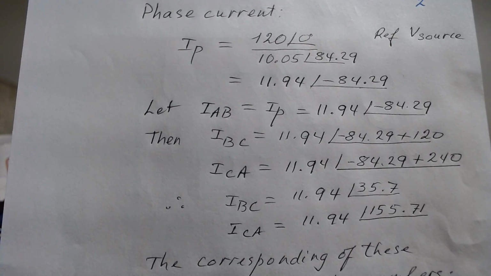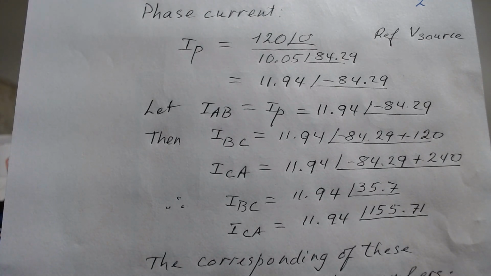Phase current. Let's say I small p is the phase current. It must be 120 with 0 degree divided by the impedance of the phase, 10.05 with an angle of 84.29.